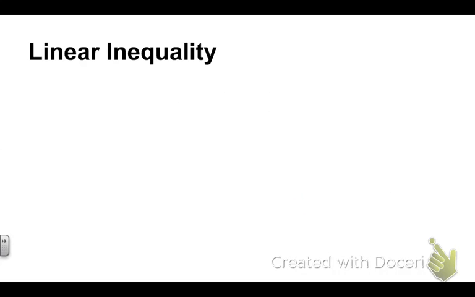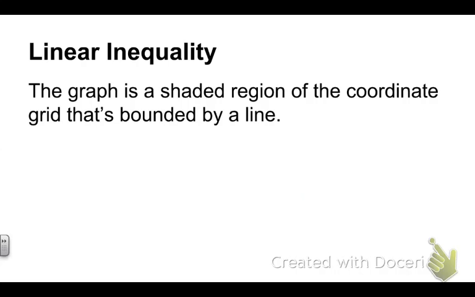So now, with the linear inequality, the graph is a shaded region of the coordinate grid that's bounded by a line. No more is the graph just a line and all the points on the line. Now it's an entire shaded region.